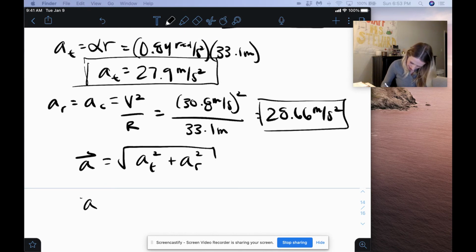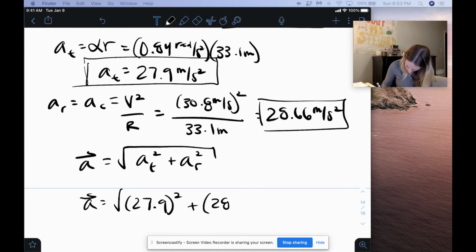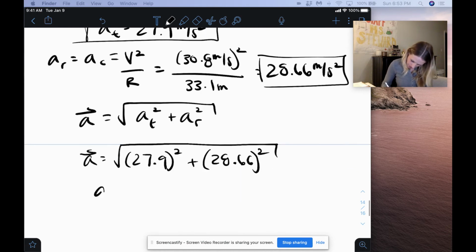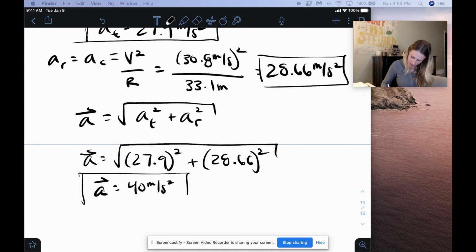And so plugging in numbers here, we get square root of 27.9 squared plus 28.66 squared. So we get the magnitude of acceleration, 27.9 squared plus 28.66 squared, square root of the answer. We end up getting 39.99, so about 40 meters per second squared for our overall acceleration.